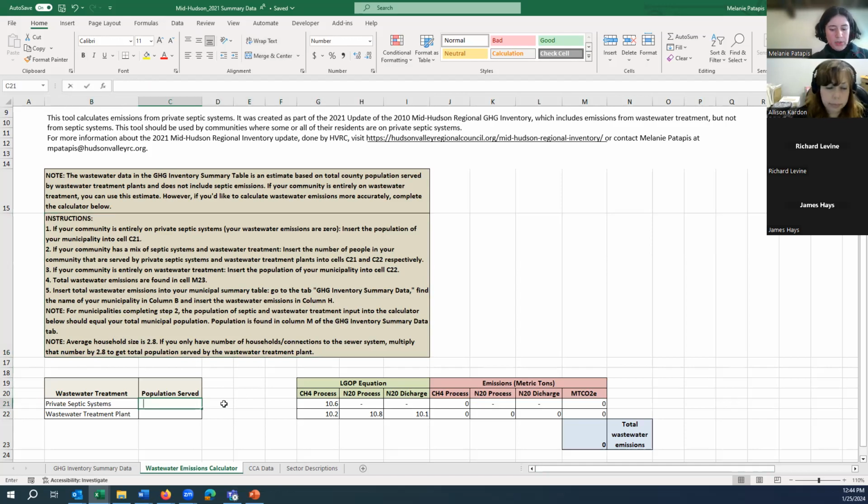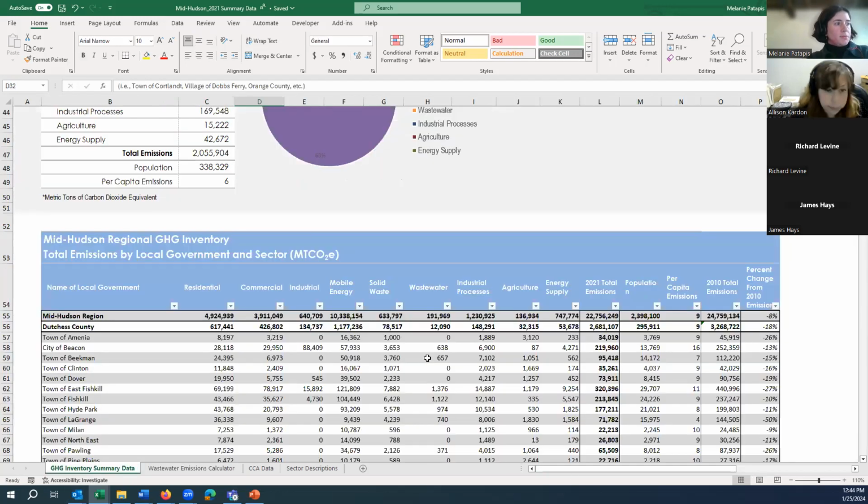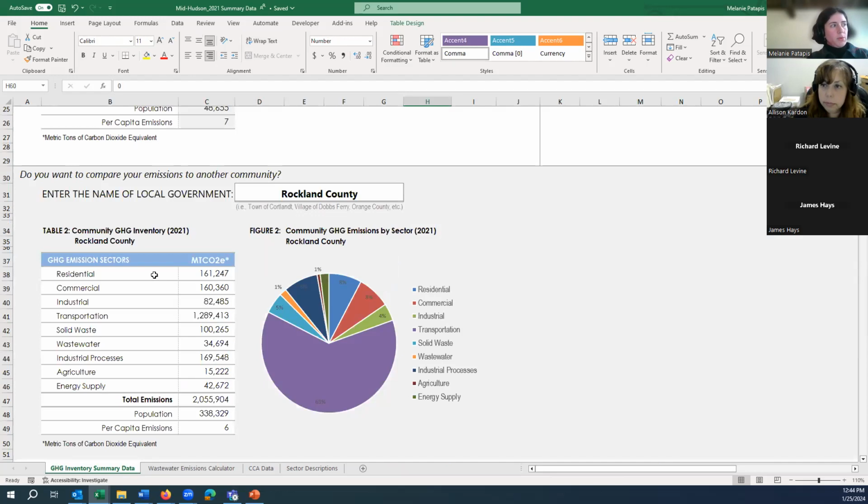So once you input your data, it'll generate a new wastewater emissions total for you. And you have to take this and bring it back over to your summary table and input it here in the wastewater column. So once you update that number, you can override this and it'll populate your new emissions total, and the tables will populate.